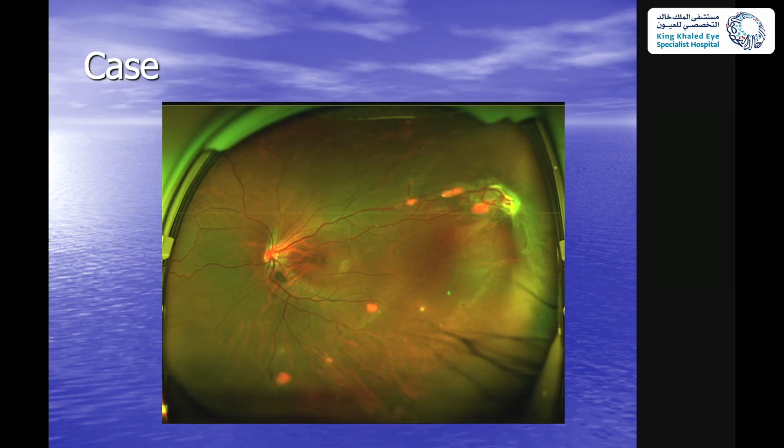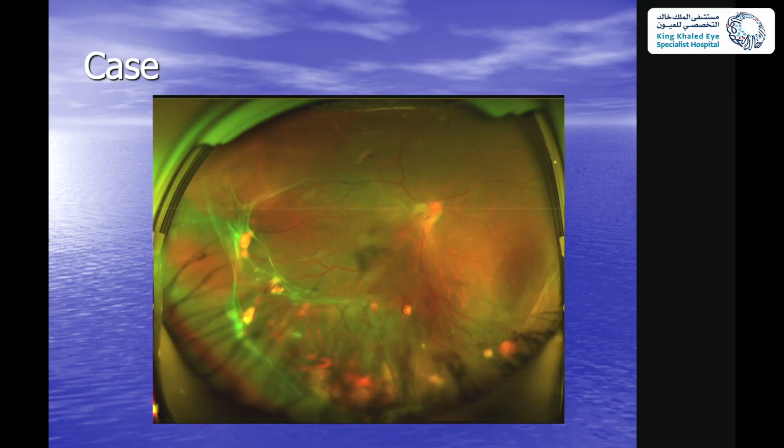I'm going to show you one of my cases that has bilateral multiple retinal capillary hemangioma, and in the left eye, the scarring is mostly in the periphery, and that's on presentation. And in the right eye, there are also multiple peripheral retinal hemangioblastomas, with proliferative changes.